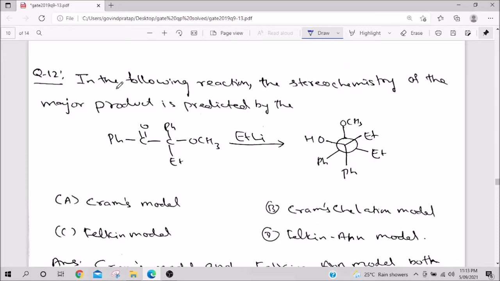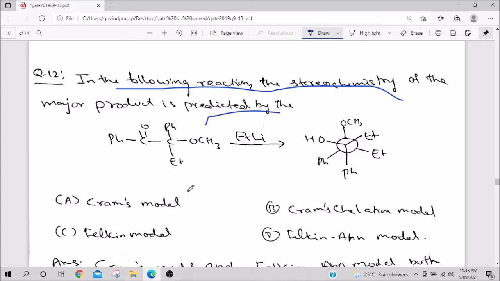So, what they said is, in the following reaction, the stereochemistry of the major product is predicted by Cram's rule, Felkin model, Felkin-Ahn model, Cram's chelation model. What they are doing is, there is a carbonyl group, alpha to the carbonyl group, there is a chiral center.